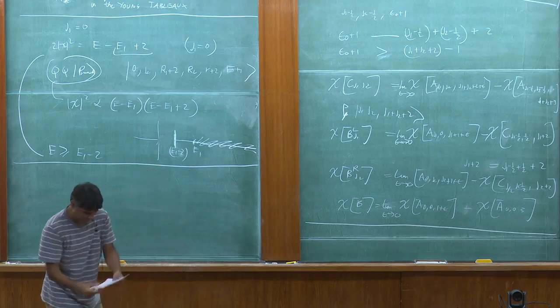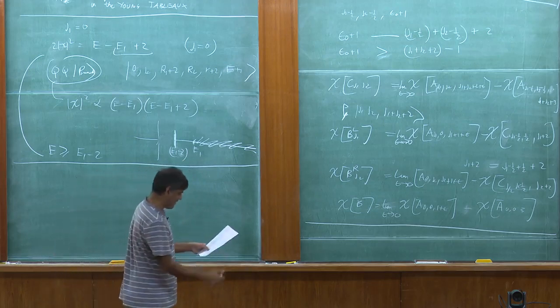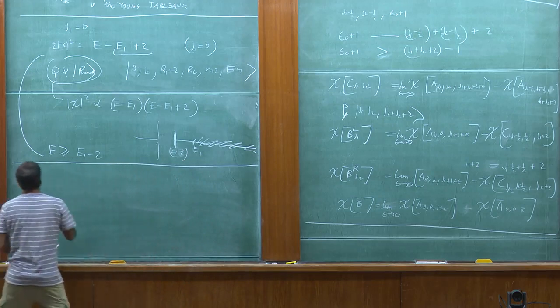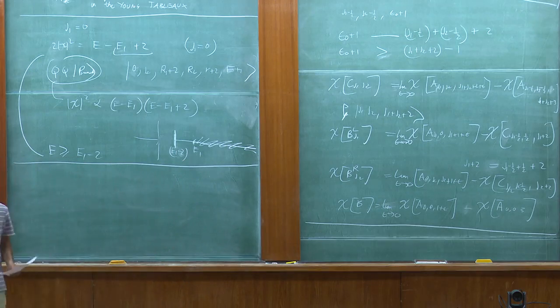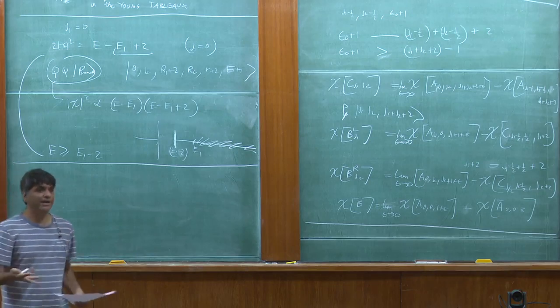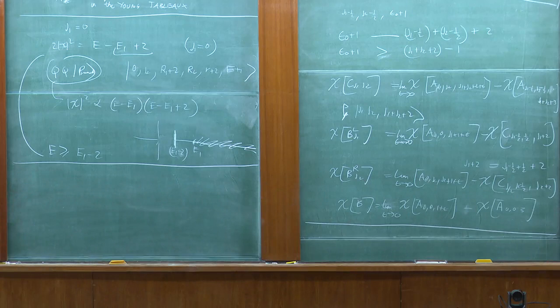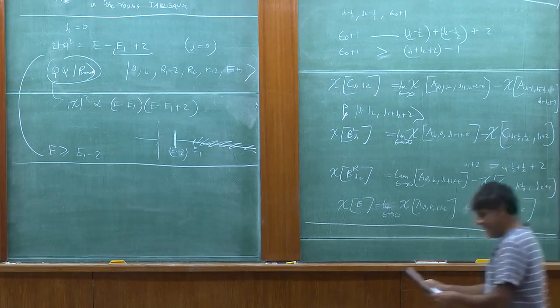Now we're going to write down character formulae for the superconformal algebra and try to see if they give us more interesting dynamical information than the conformal algebra did. Is this okay? Excellent.